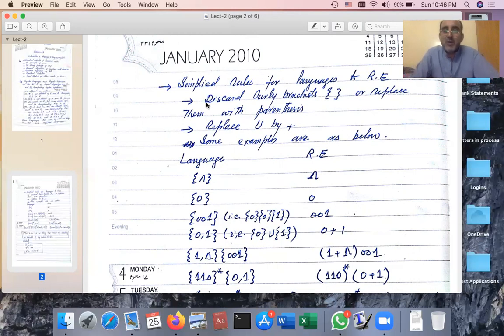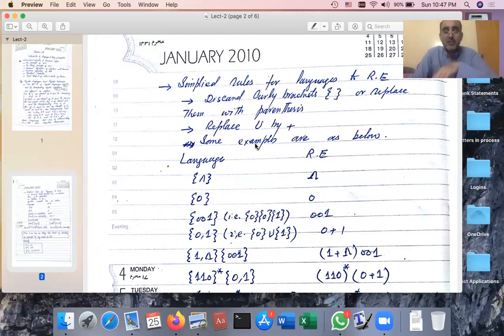Number one, you have to discard the curly braces if they are present in the definition of that language, and replace them with parentheses. And then number two, you have to replace this symbol U, which is for union, with plus.